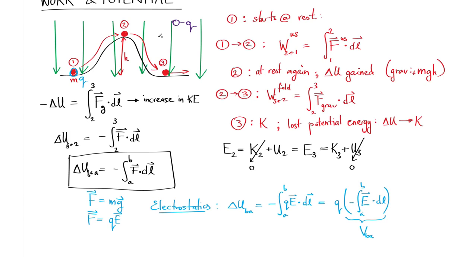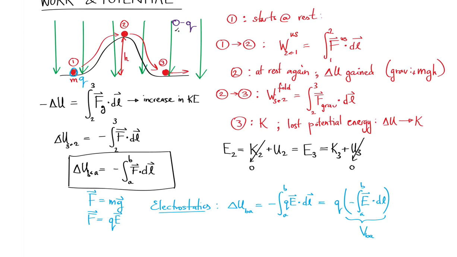So if I have a negative charge, the force that it experiences will be opposite the direction of the field. If you imagine I put a negative charge in this field here, it will want to move upwards and not downwards like the positive charge.